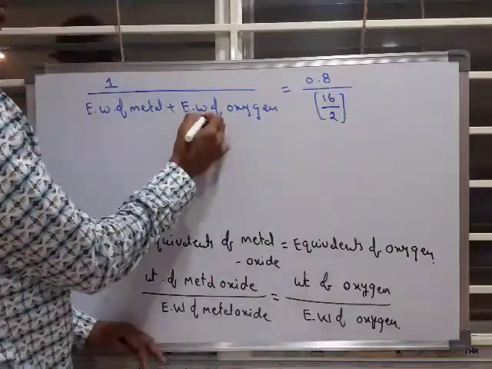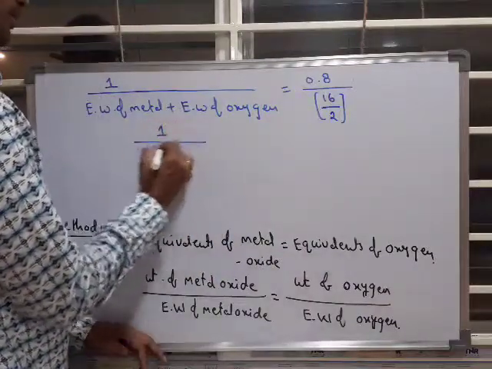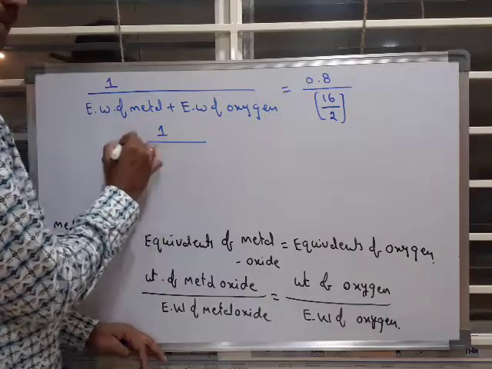So again here we substitute, 1 by, I am writing it as E metal.